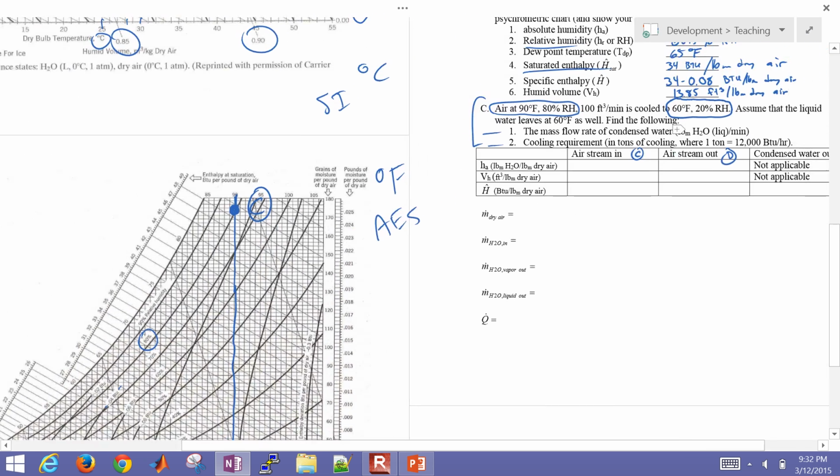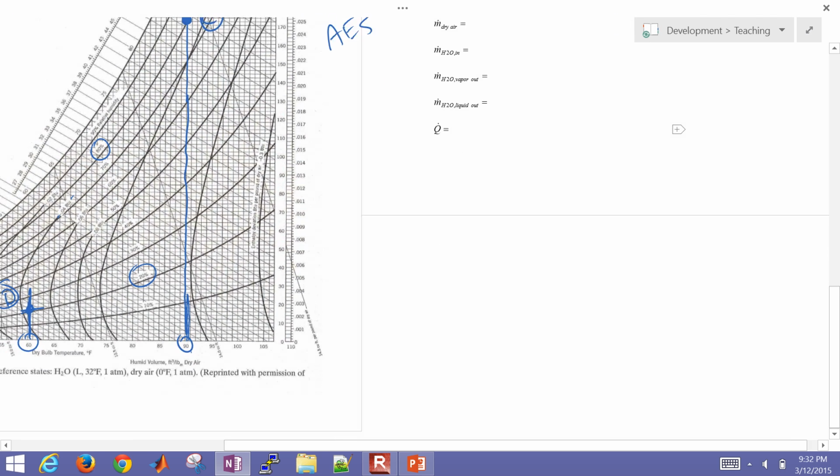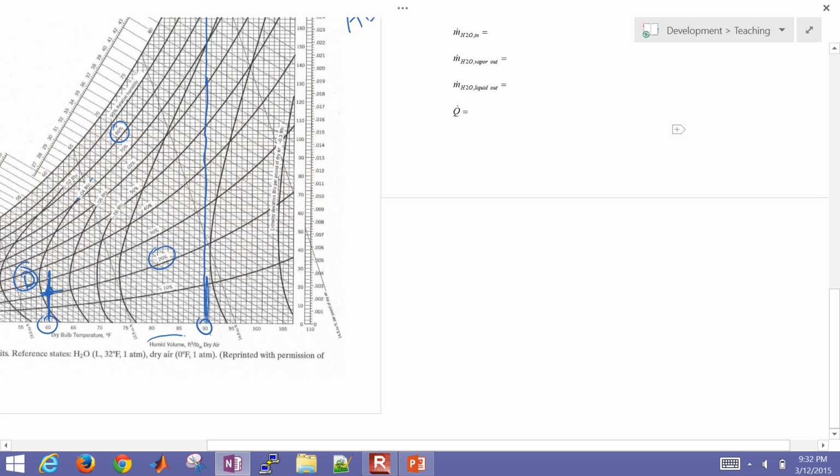That tells us everything we need to know about those two. Now we can do the change between those two and try to get the mass flow rate of the condensed water coming out. Let's first do the mass of dry air. We have 100 foot cubed per minute, and we also know the humid volume is going to be in foot cubed per pound mass dry air.